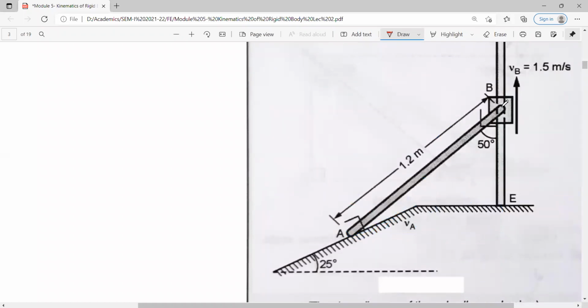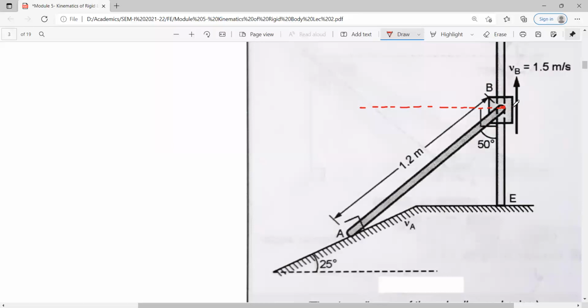For that, we knew that point B is moving upward, so that is the direction of point B. From there we know that the radius of point B will be perpendicular to the direction of velocity of point B. So we drew a line in search of the center of rotation.